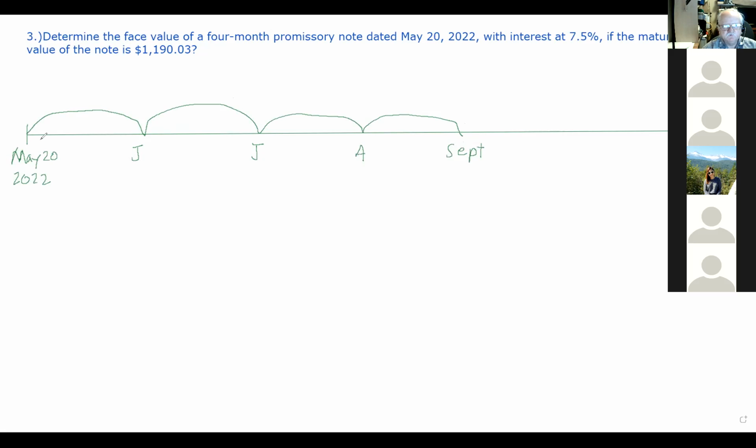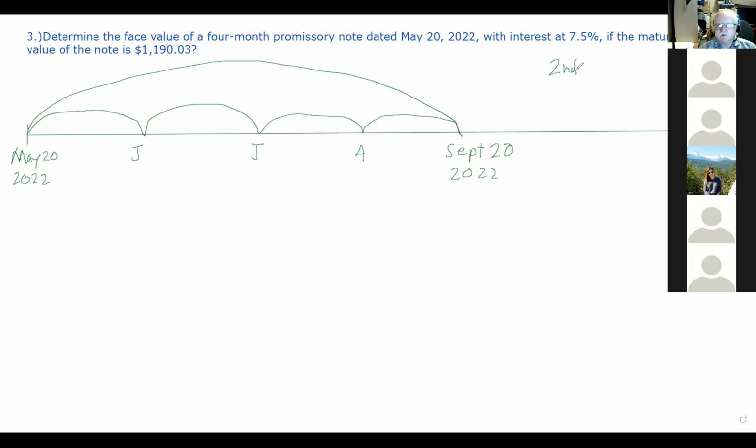And we're going to move from the 20th to the 20th to the 20th. So this is the 20th, 2022. The first thing we're going to have to do is figure out how many days this is.